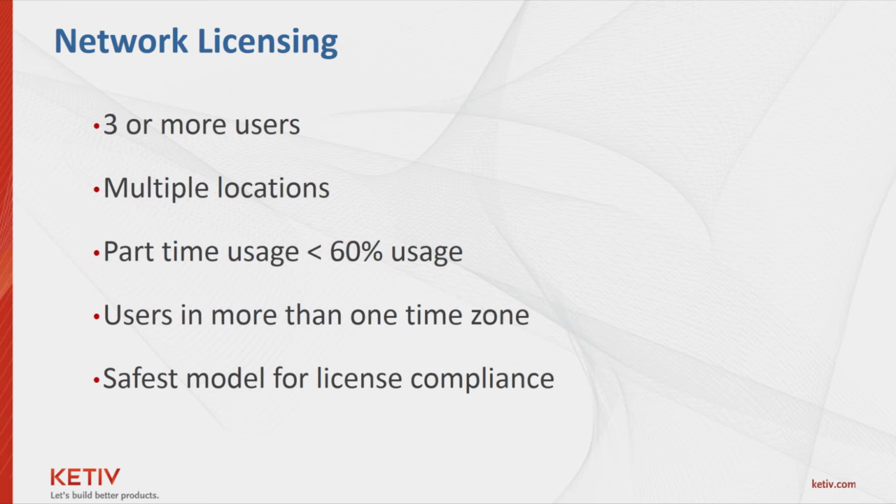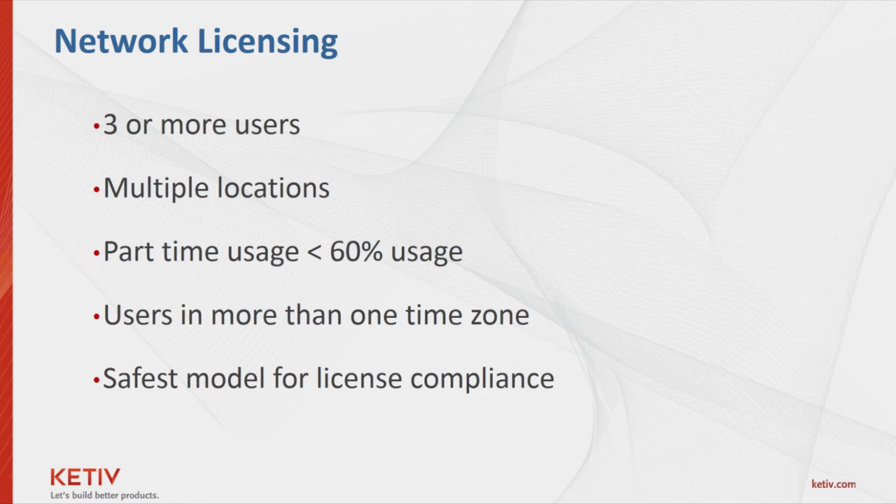If you have multiple locations, networking gives you the ability to sometimes benefit from different time zones. I'm thinking of a customer who has an office in LA and Dallas, and an office in Singapore and in the UK.